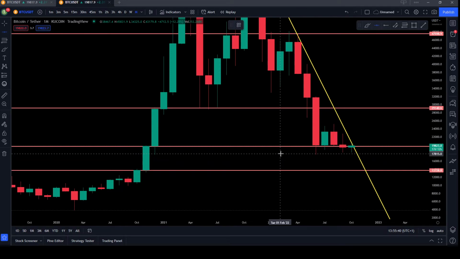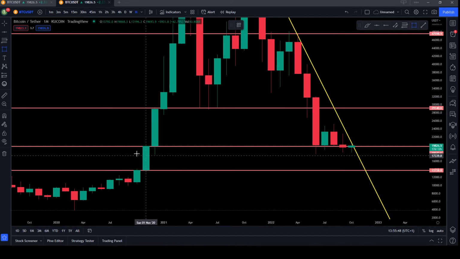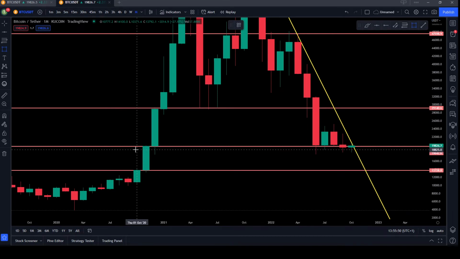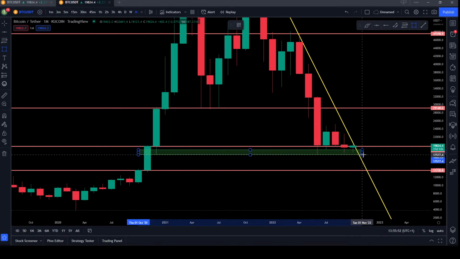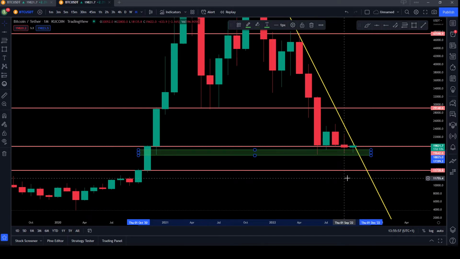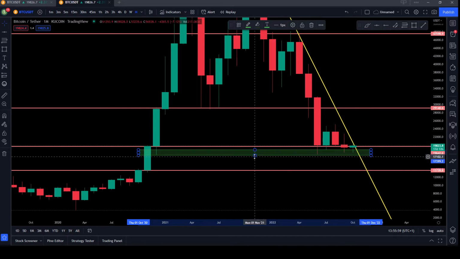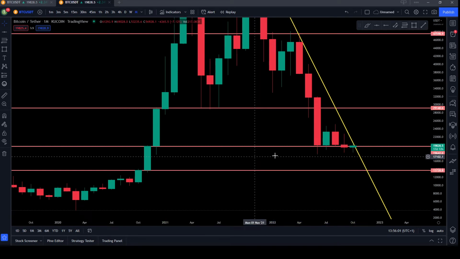Really what we tend to do is use zones rather than just lines, because realistically you could draw, just as an example, you could almost suggest that this is a zone. But I just want to focus purely on lines, so support line and resistance line.